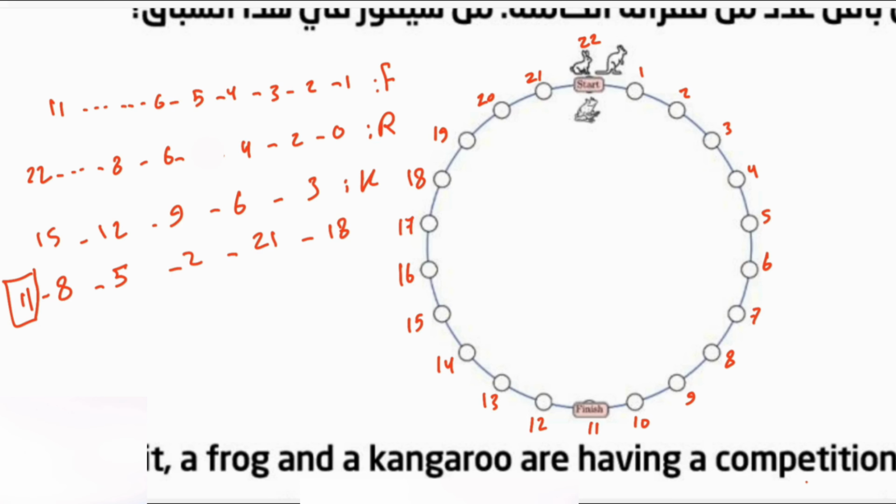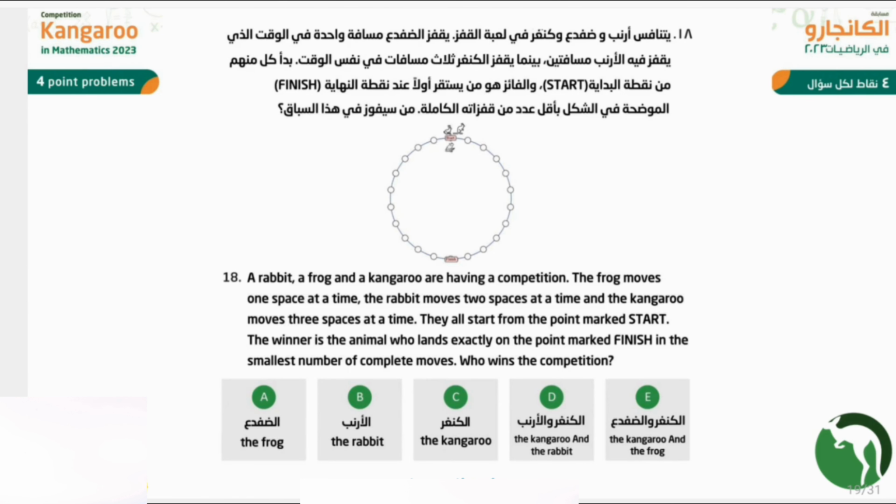Now let's count how many steps he moved. So we have 1, 2, 3, 4, 5, 6, 7, 8, 9, 10, 11. So both the frog and the kangaroo took 11 steps to reach the finish point. So the correct answer is the kangaroo and the frog. They both reach the finish point with 11 steps.